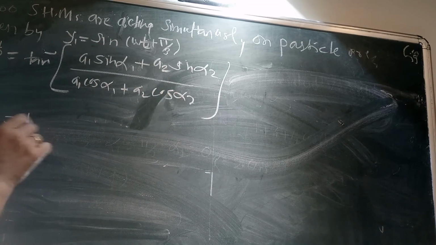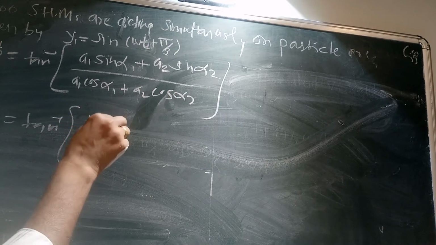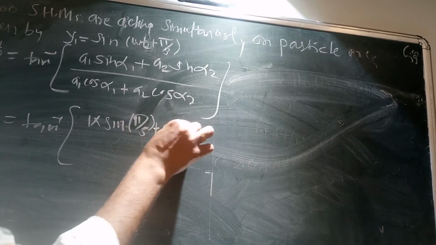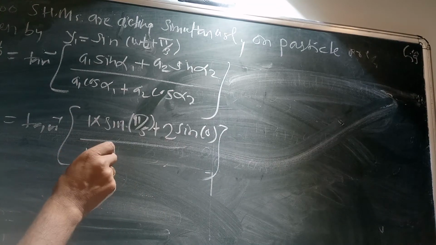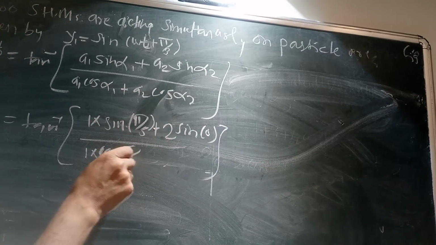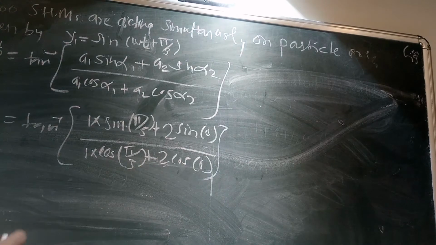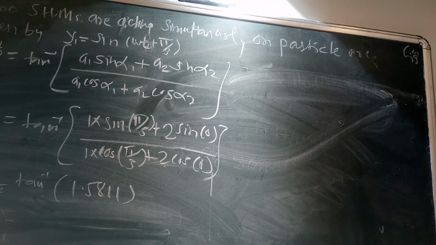So this is equal to tan inverse of 1 into sine of pi by 3 plus 2 into sine 0, divided by 1 into cos of pi by 3 plus 2 cos 0. After calculating, this is tan inverse 1.5811.